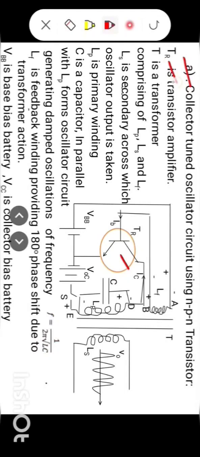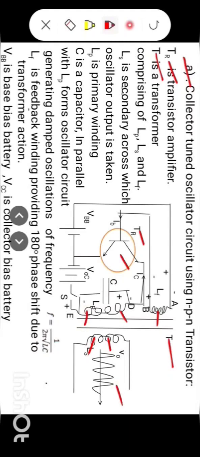where TR is the transistor amplifier, T is a transformer comprising LP, LS and LF. LS is the secondary across which the oscillator output is taken.